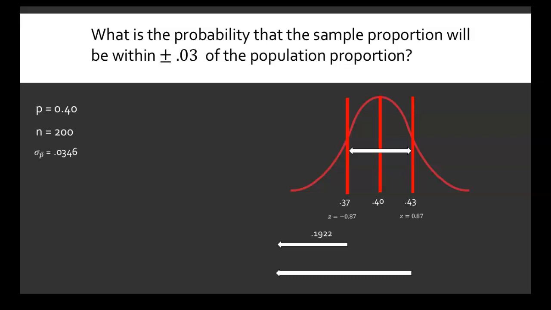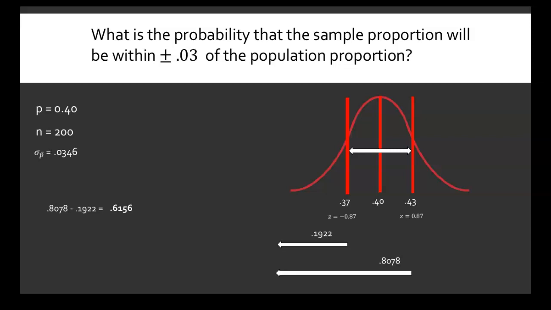Now we do this for positive 0.87, and we find that that area is 0.8078. So in order to find the area between those 2 points, we need to subtract 0.8078 minus 0.1922, giving us an answer of 0.6156.